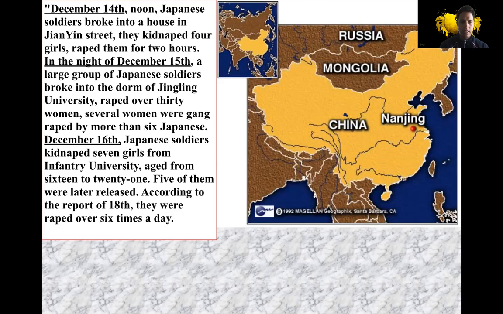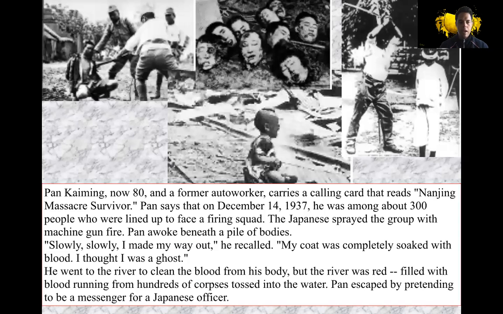On December 16th, Japanese soldiers kidnapped 7 girls from the infantry university, aged from 16 to 21, and 5 were later released. According to the report of the 18th, they were raped over 6 times a day. Now, these are just among many of the tragedies that were carried out in Nanking.